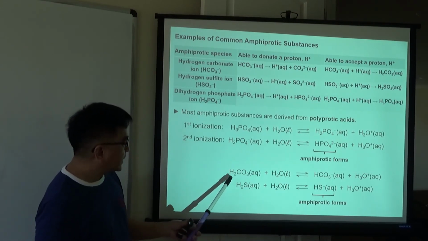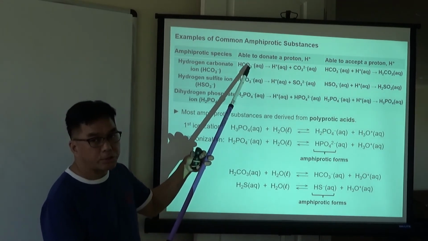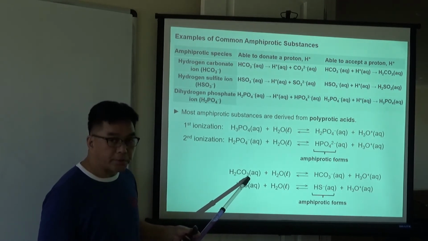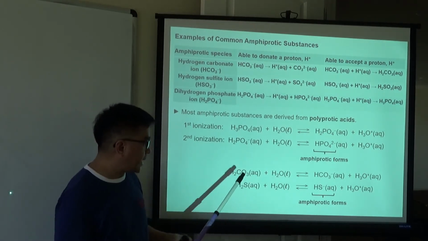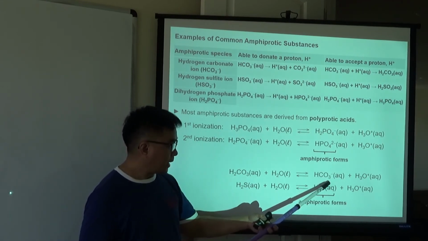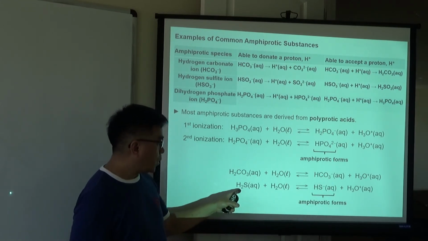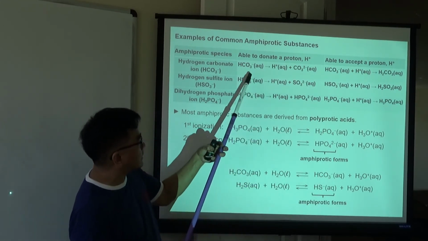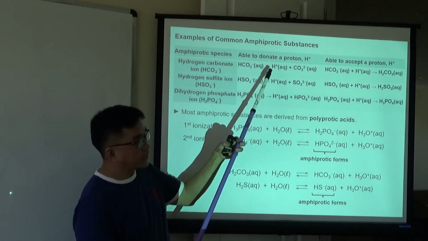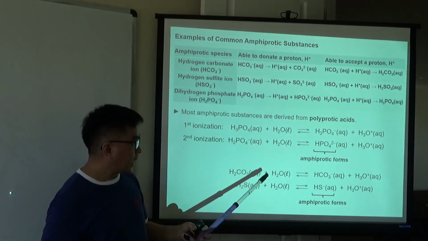Okay, so here's carbonic acid. I'm focusing on that hydrogen carbonate example for now. Carbonic acid in solution is a weak acid. It dissociates the first proton to give you hydrogen carbonate, and the hydrogen carbonate can act in 2 ways. It can go on and dissociate that second proton, so it produces another hydrogen ion and releases that into solution, so that acts as an acid.